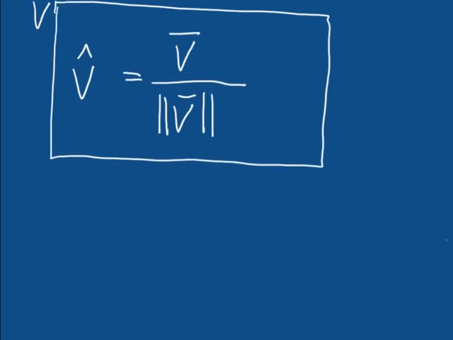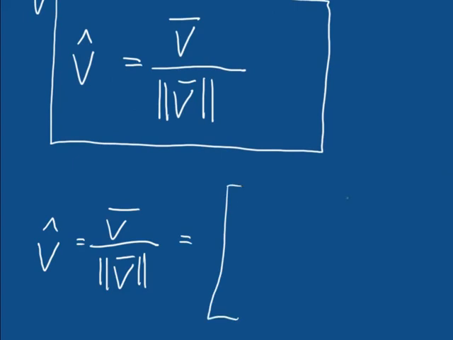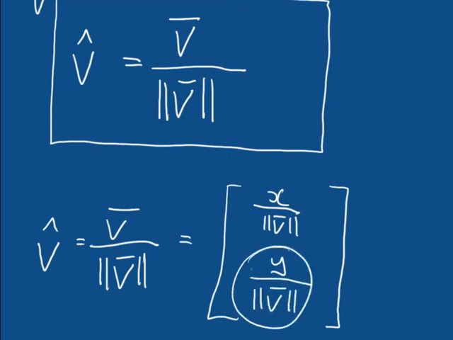So again, the way this works out is that the unit vector of v is equal to our original vector divided by the length of the vector, which is going to be equal to the x component of the original vector divided by the length of the vector, and that's going to be our new x component, and then the y component of the original vector divided by the length of that vector as our y component.